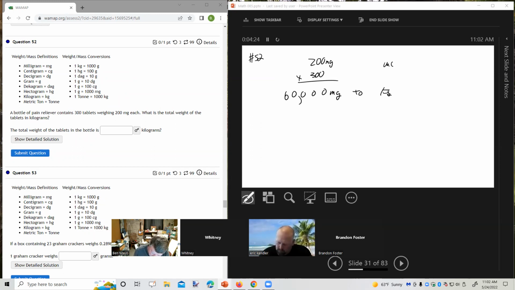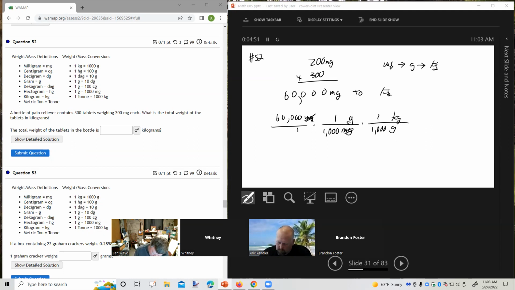So I'm going to go from milligrams to grams, grams to kilograms. And let's see, 1 gram is 1,000 milligrams, and 1 kilogram is 1,000 grams.